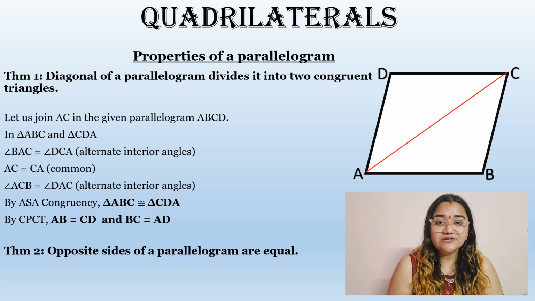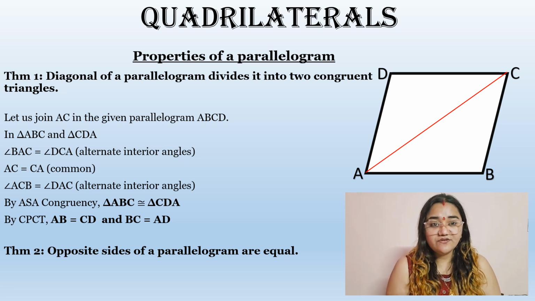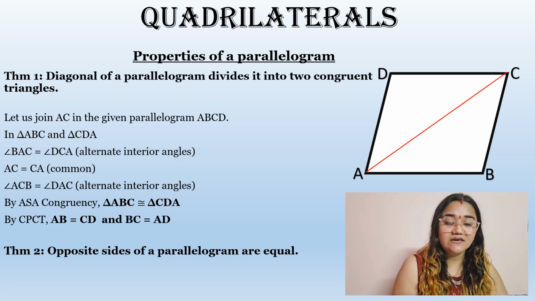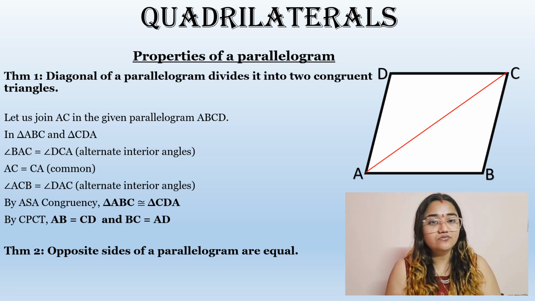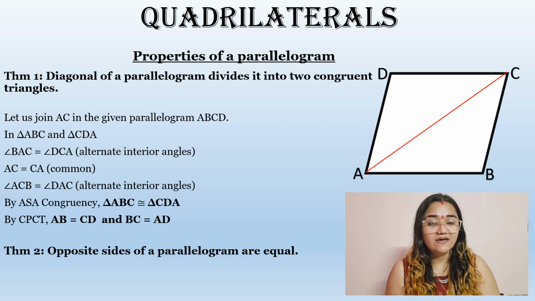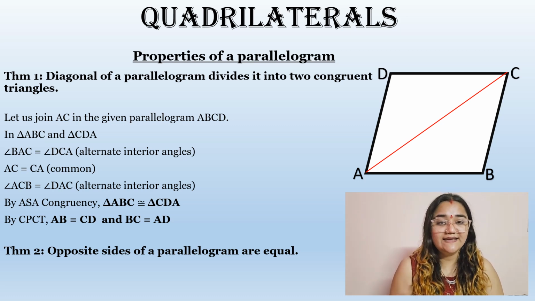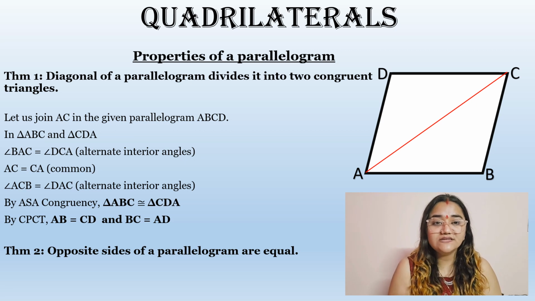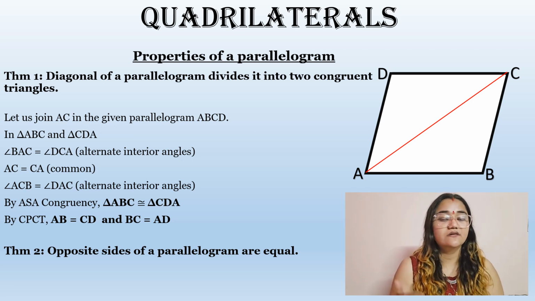So the third condition comes from, it is given that BC is parallel to AD. So now angle BCA is equal to angle DAC, alternate interior angles. So now we have 3 conditions: angle, side, angle.